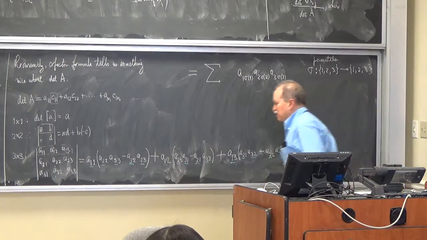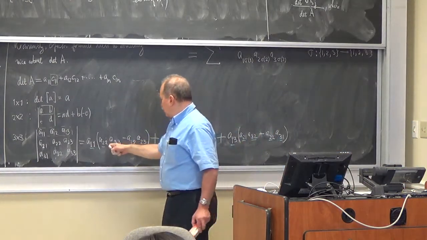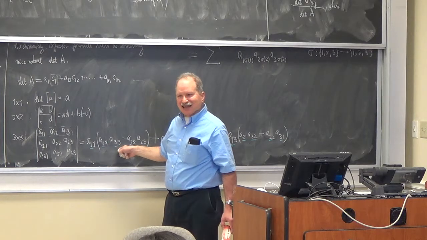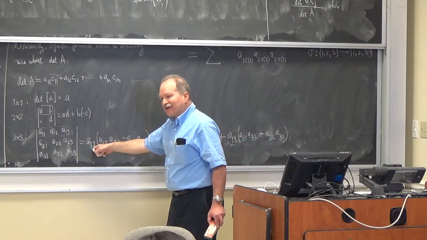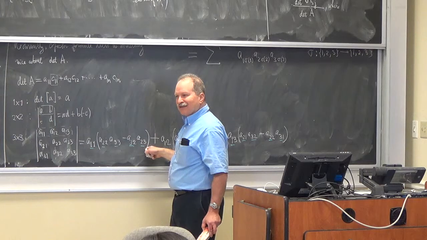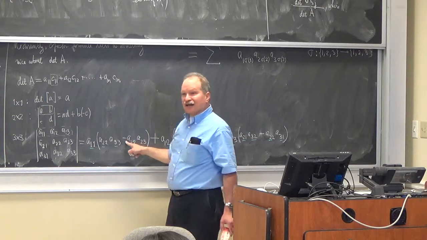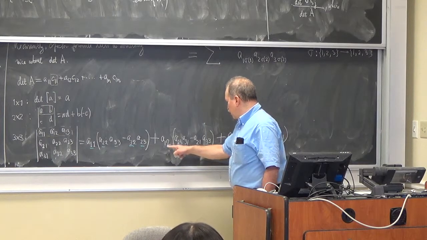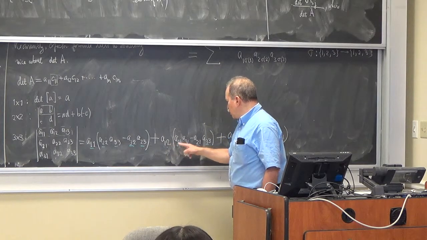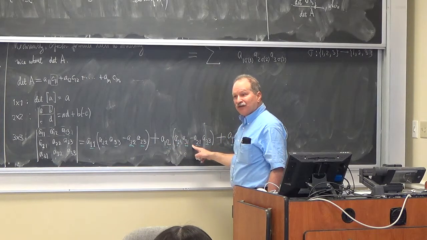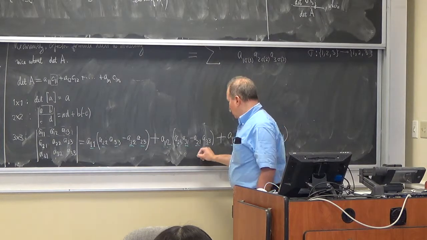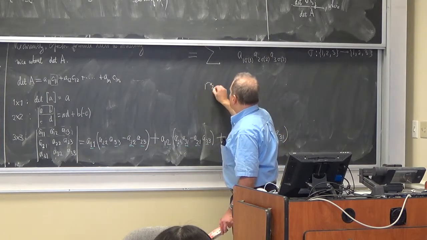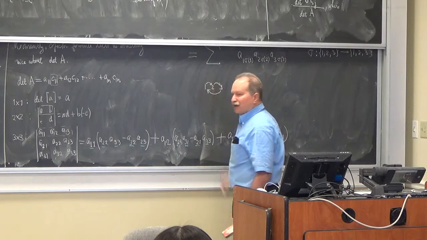Here is the permutation where 1, 2, 3 stays in the same order. Here you fix 1, and you switch 2 and 3. And notice that got a minus sign. Here, what did I do? I took 1 to 2, 2 to 3, 3 to 1. So 1 went to 2, 2 went to 3, 3 went back to 1.